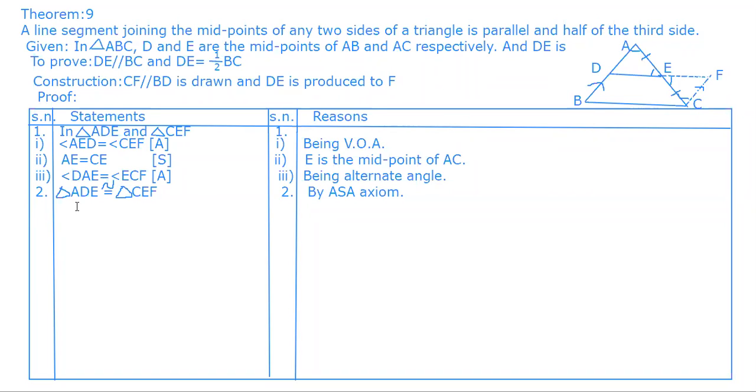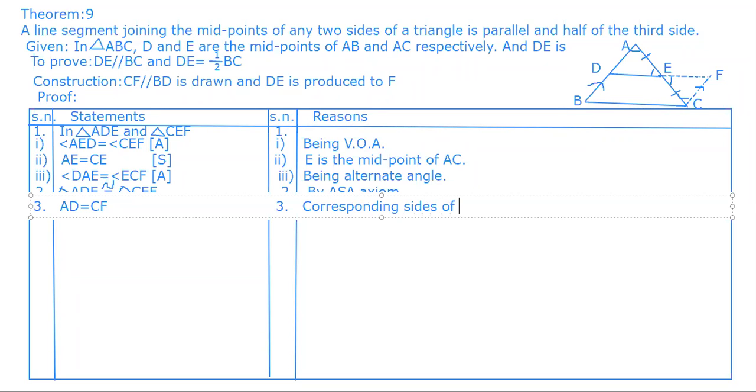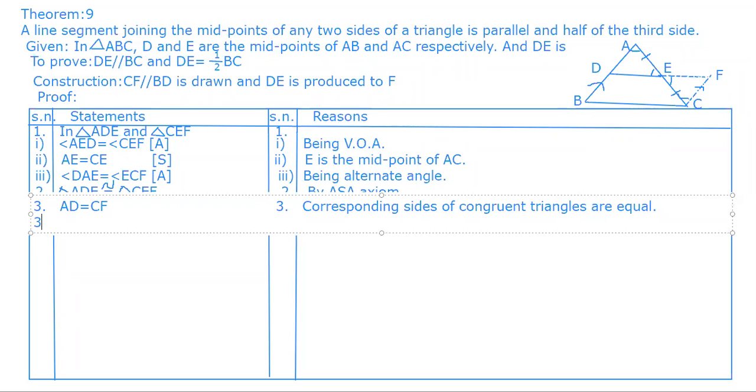That is why CF and AD are equal, because corresponding sides of congruent triangles are equal. AD and CF are equal here.